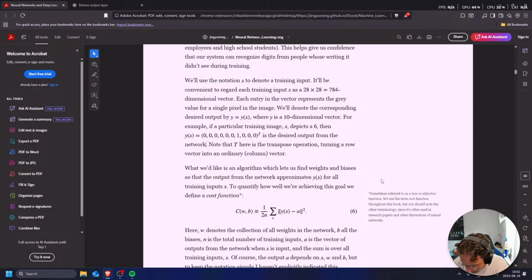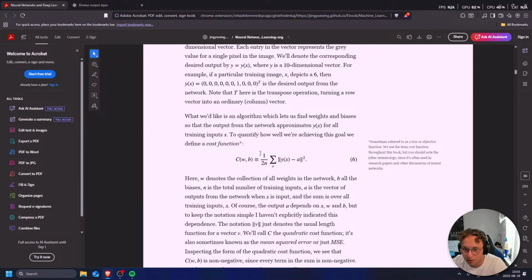So the input here is the weights and biases, and this is equal to, because this means the cost function is defined by this. There's one divided by n, and n is a set number of neurons, I think, if I'm not mistaken. And then we have the absolute value of the function of x, which is a delta function, and a, I'm not sure what it is at the moment.